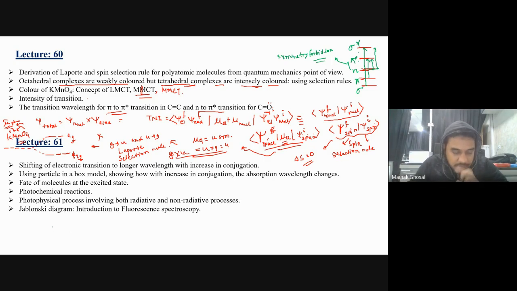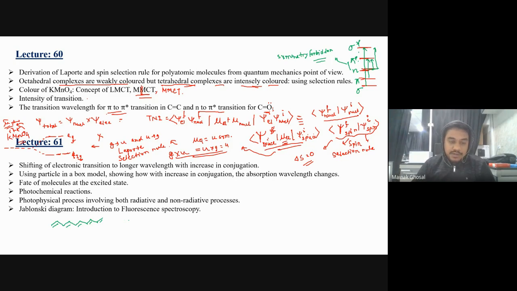He wants to say that if you consider it as a particle in a box system, then as you increase the chain length or the conjugation, the difference between HOMO and LUMO decreases, and the wavelength increases.